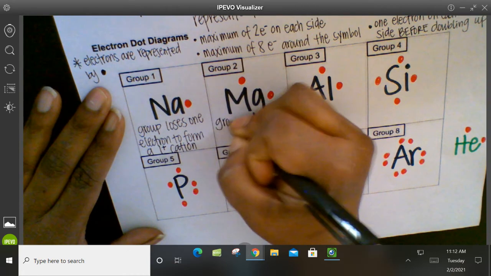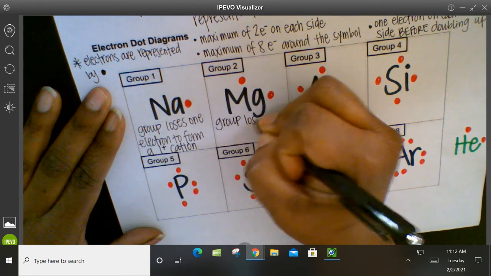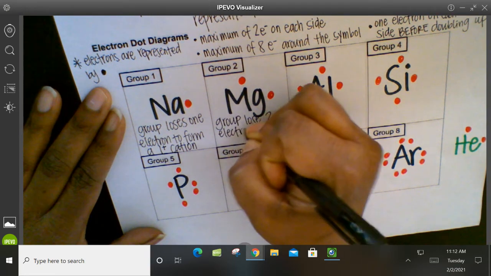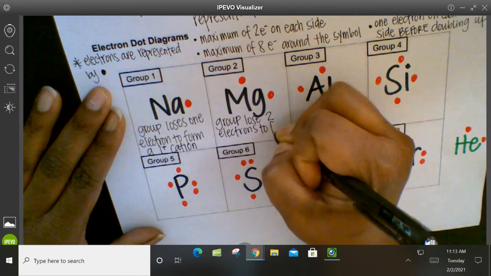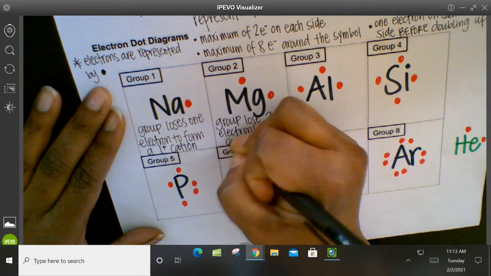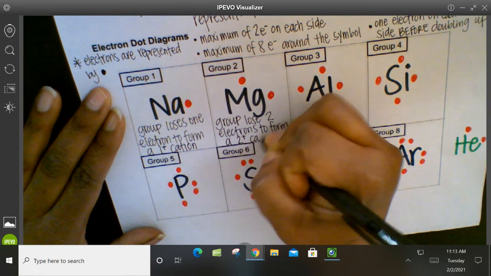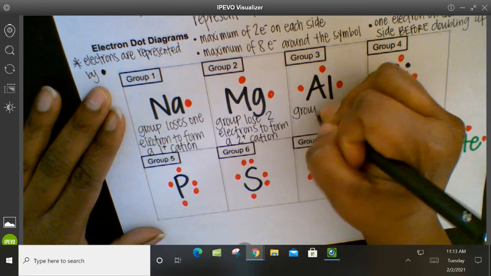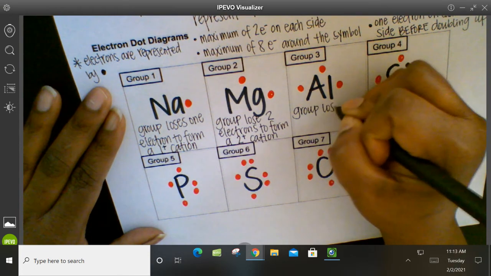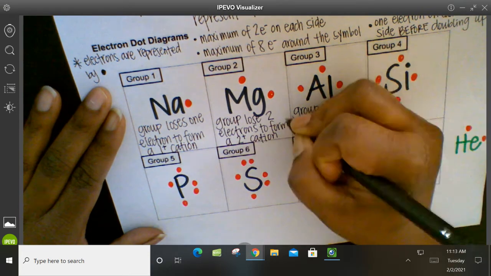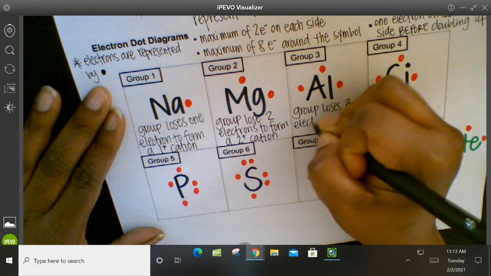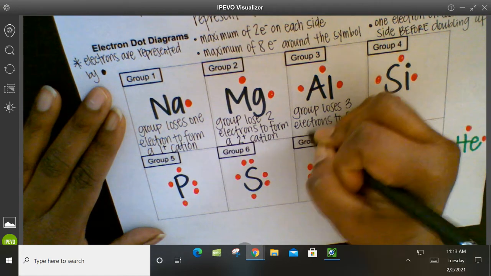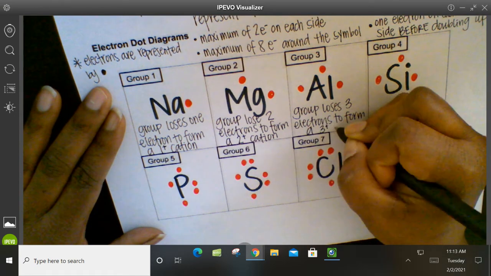And then in group 2, what they're going to do, they lose 2 electrons, and they form a 2 positive cation. And then, of course, in this group here, we'll lose 3 electrons to form a 3 positive cation.